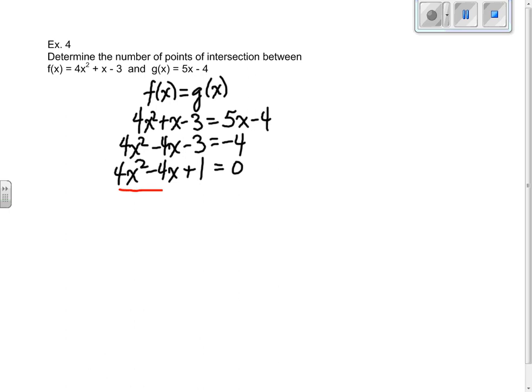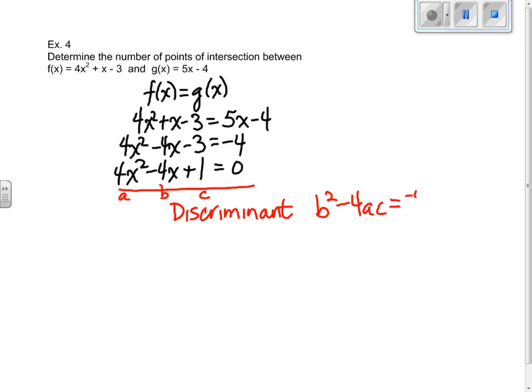So from here, once I have set them equal to each other, I can use the discriminant b squared minus 4ac to tell me how many solutions I would have to this problem of points of intersection. When I have set it up as ax squared plus bx plus c, my b squared minus 4ac is equal to minus 4 squared minus 4 times 1 times 4.